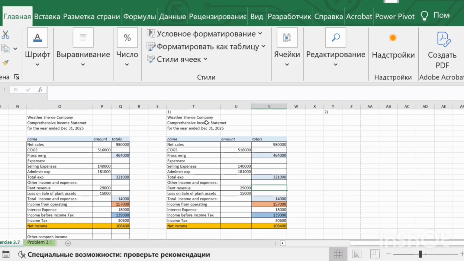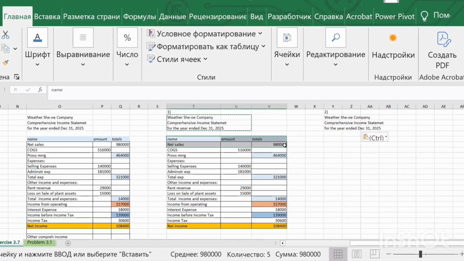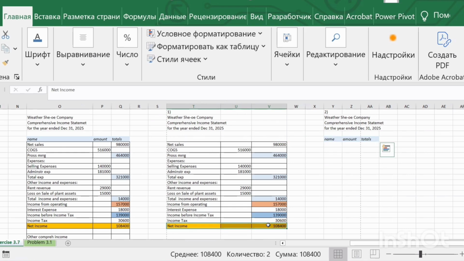Also, we have the comprehensive income statement for the year, with similar information, but in this case we have net sales, not net, oh, I'm sorry, we don't have net sales, we just have the result of net income.